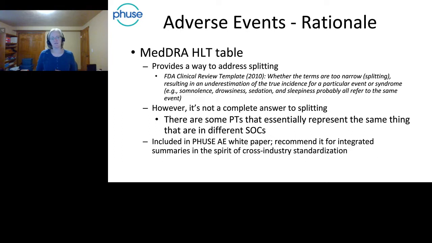These high-level terms are still subsets of system organ classes, and there still are cases of preferred terms that are essentially the same thing, but they might even be in different system organ classes. So high-level terms do help with addressing the splitting, but it is not a complete answer. There are other things that might need to be addressed when it comes to splitting.